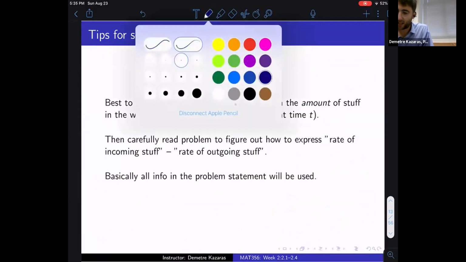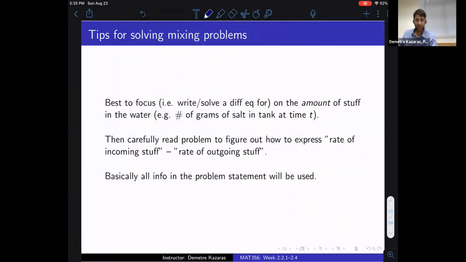So there will be a number of variations on this type of problem, but here's what I want you to be thinking of when you see a problem like this. First of all, if you were just plopped into this situation with no guidance, it could be very confusing. And the thing to remember is the quantity to focus on, to write a differential equation for, so that you solve it and start to answer the question, is the amount of stuff in the water.